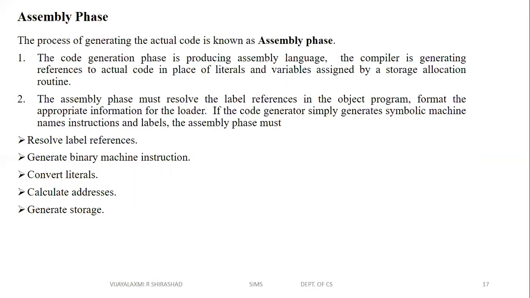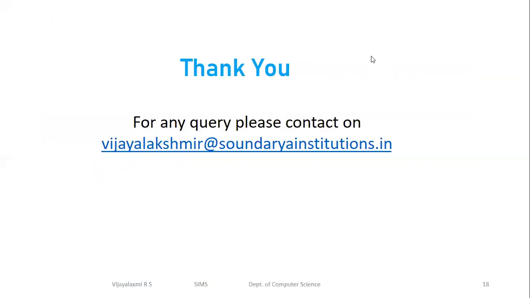In the next video we will see how the structure of a compiler is designed, that is, which phases are included to perform the task called compiler design. I think through this video you came to know how the compiler design is going to be performed through all these steps.